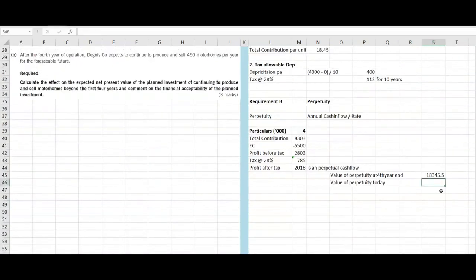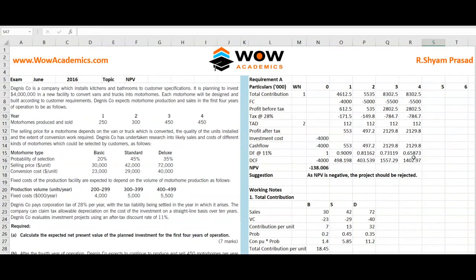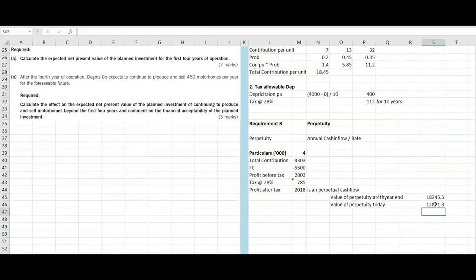So this perpetuity is going to occur at the end of the fourth year, so you can multiply this by the discount factor for the fourth year, that is 0.658. So we'll just check once. So this is going to be the value of perpetuity today.